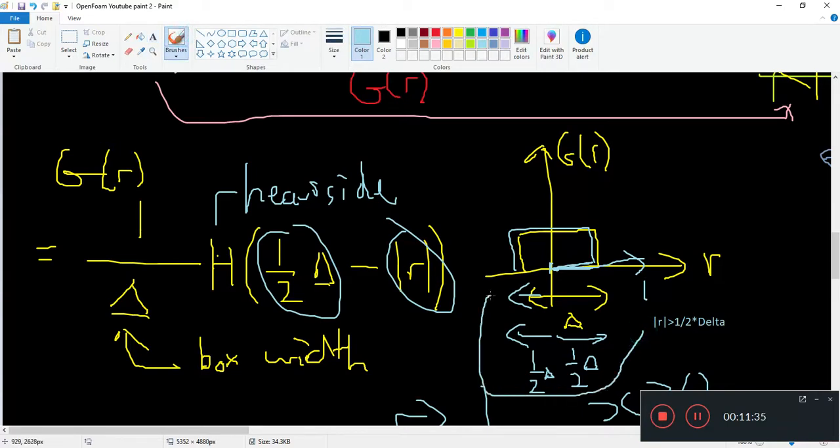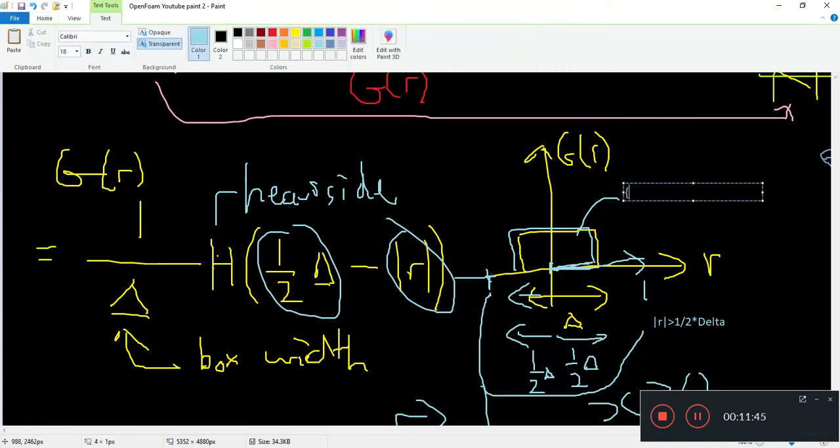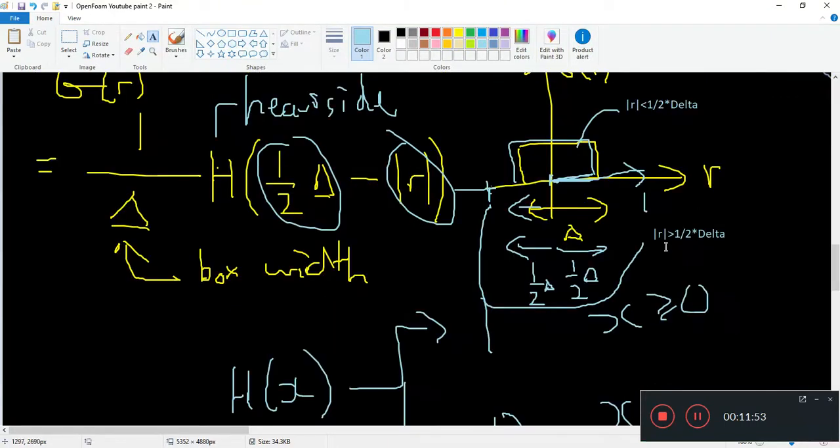And over here, you have the modulus of r less than half times delta. So this is what the box function is like.